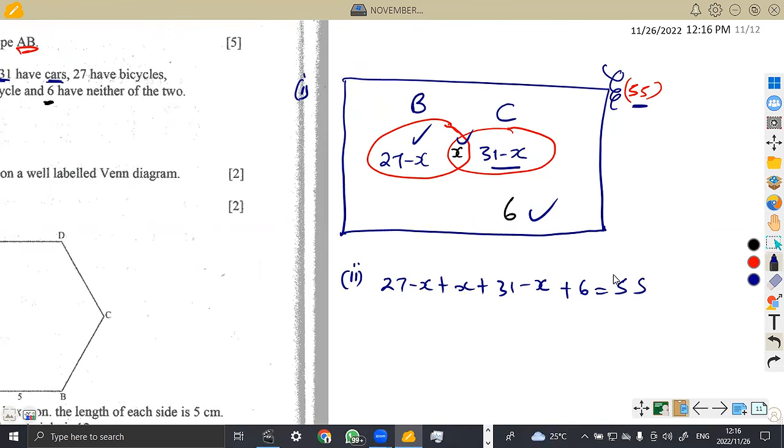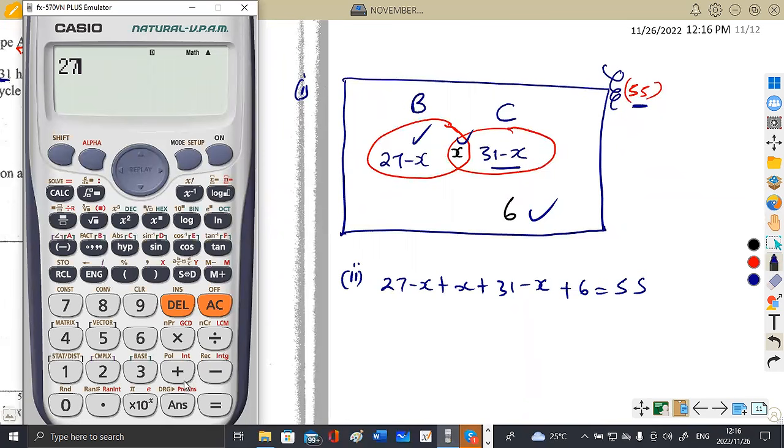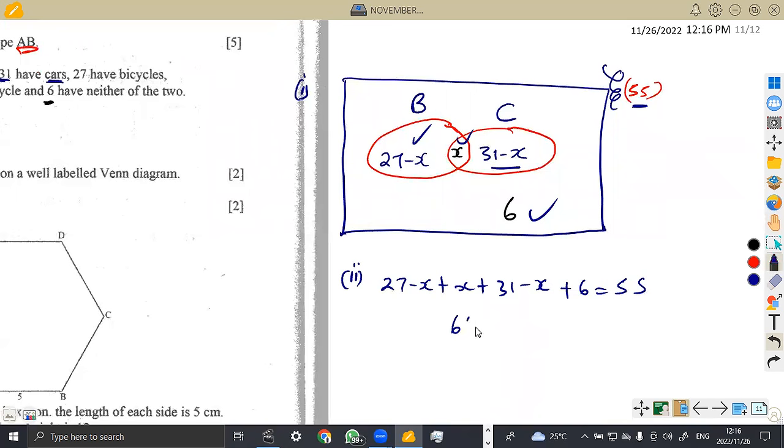So that one is an equation, guys, for you to work on or to solve. You're just going to collect like terms there. Let's see, 27 plus 31 plus 6. So we add the numbers first. That's 64. So we've got 64 here. Minus X plus X, that's a 0 here. So you're going to remain with this minus X, which we equate to 55.